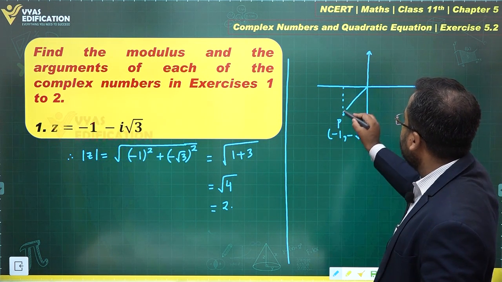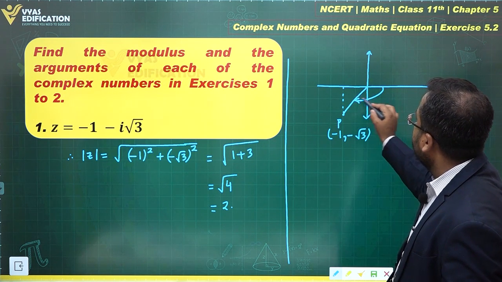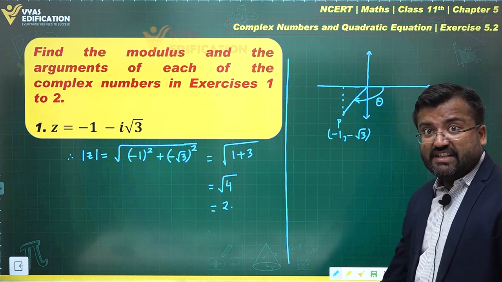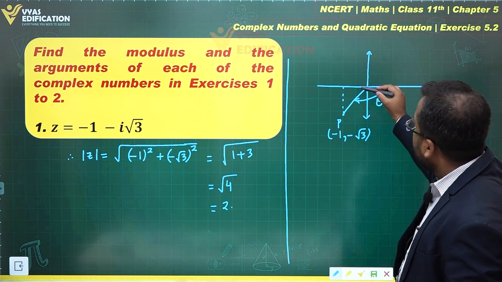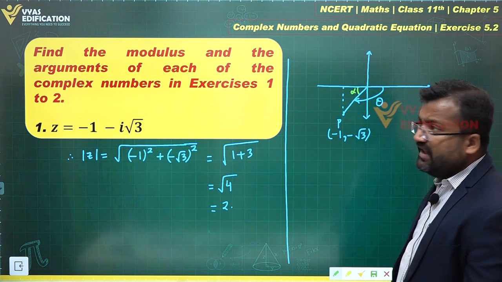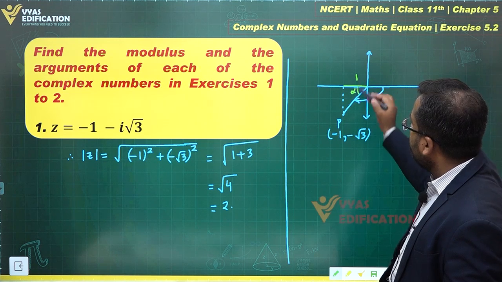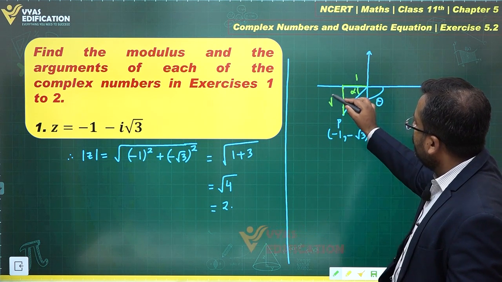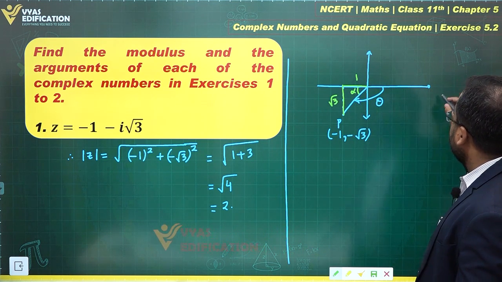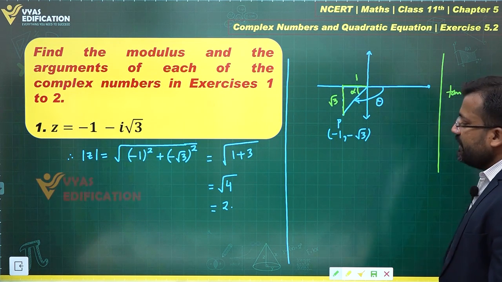Let's mark this point. And we are supposed to find the argument of z, which is this angle over here, theta. We are supposed to find this theta. But for finding this theta, first we'll find this alpha over here. Let's try to find this alpha. This length is 1 unit and this length is root 3 units. And in the rough, I can find tan alpha very easily.